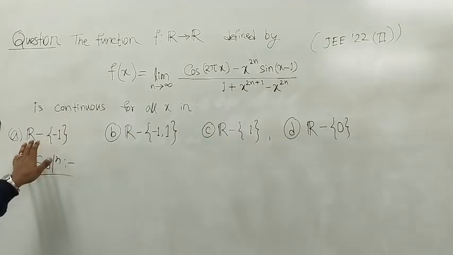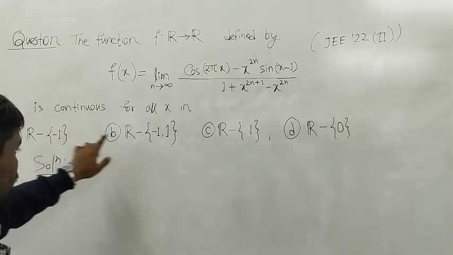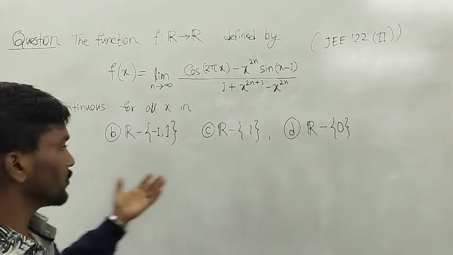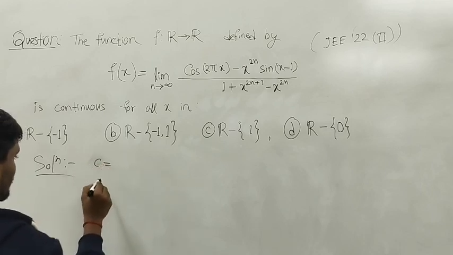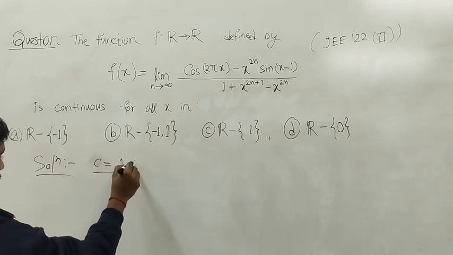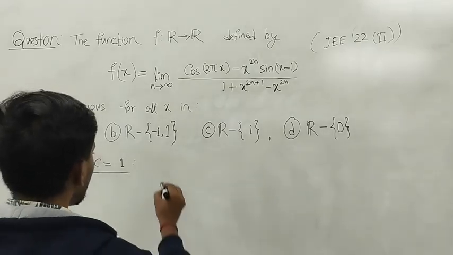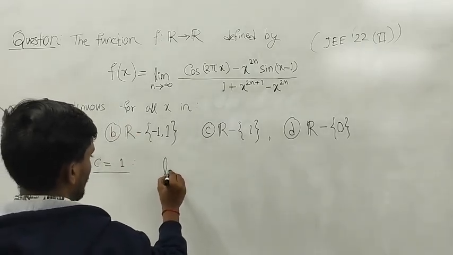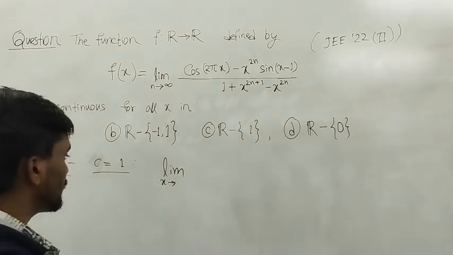So we'll see about discontinuity at -1, 1 and 0. I am starting with c is equal to 1. If I take c is equal to 1, then first of all I will check the left hand limit.